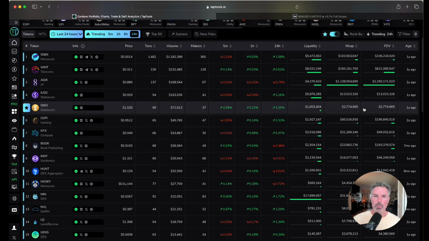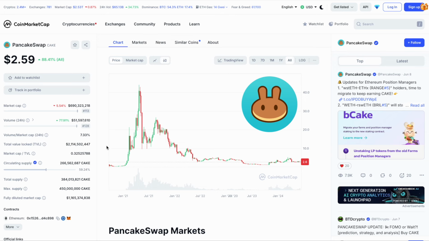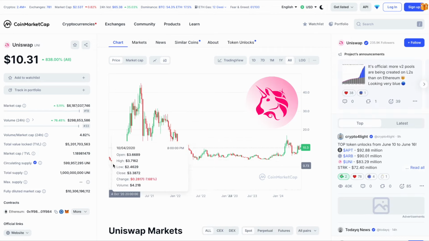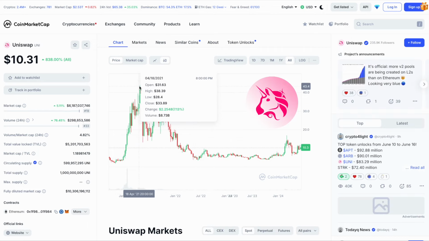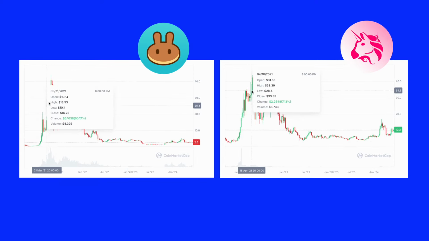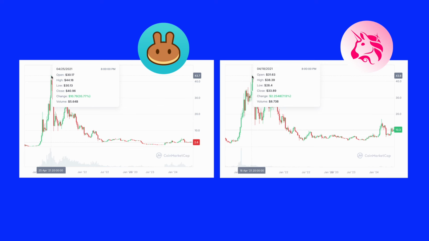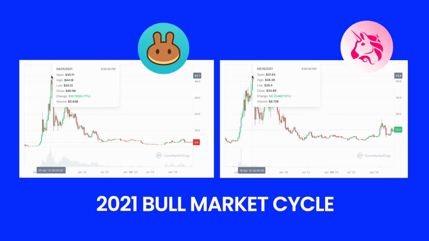And if you look back at projects like Cardano or Bitcoin or Ethereum or any one of them, PancakeSwap on the Ethereum side, Uniswap, they've had the privilege of having a bull market before because they were around during the last bull market cycle.